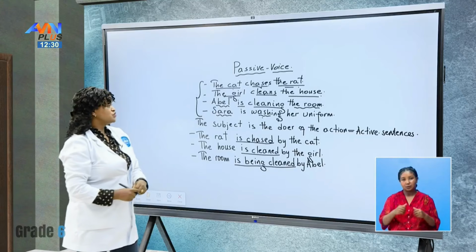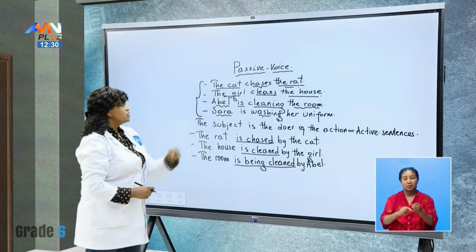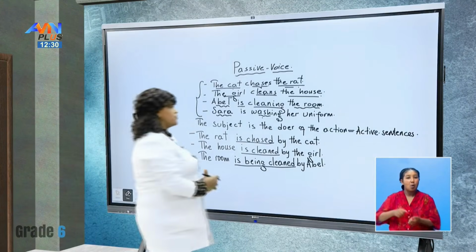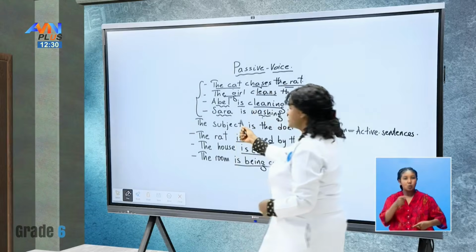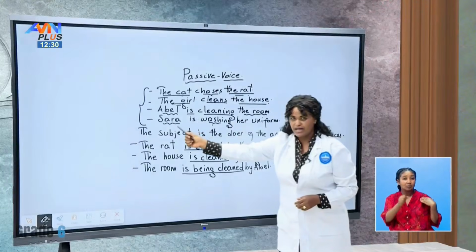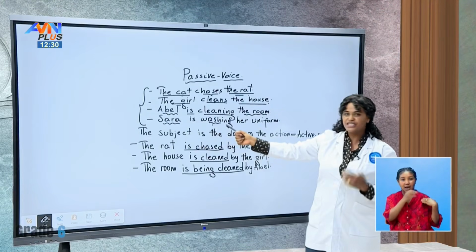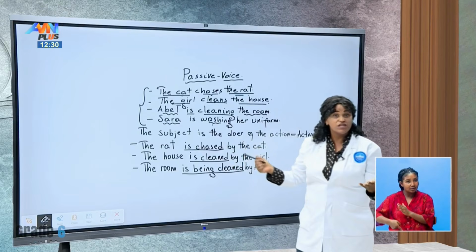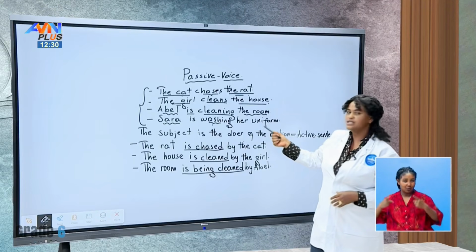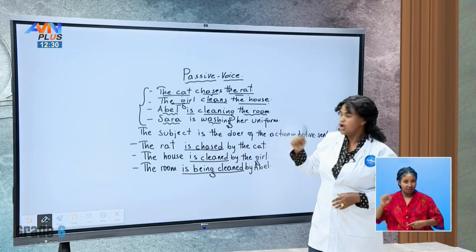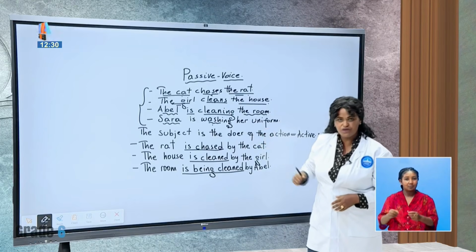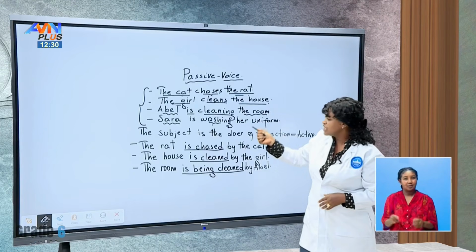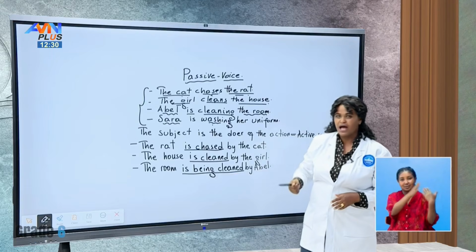Let's go to the last one. Sarah is washing her uniform. Now, who is our subject here? It is Sarah, yes? Sarah is, what is she doing? Washing. Washing what? Or what is our object? Our object is her uniform, right? Okay, so let's begin with her uniform. Let's make the object a subject here. How do we start?